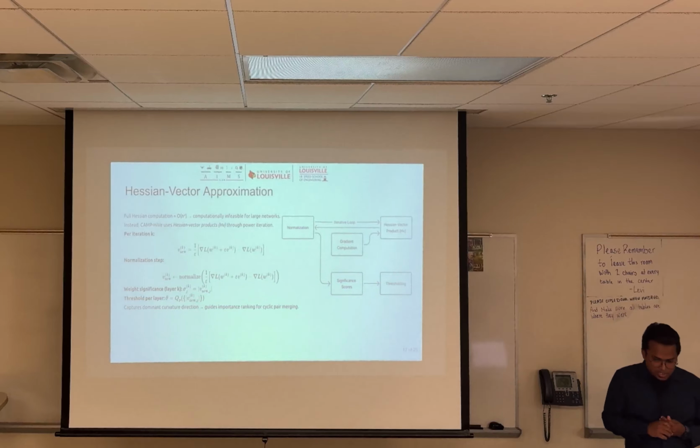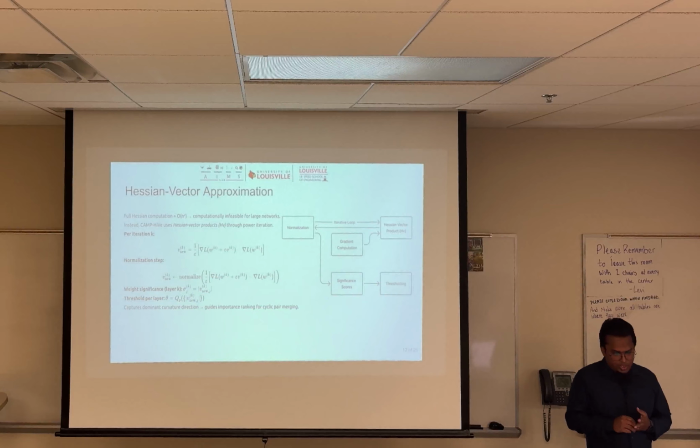In power iteration, if we repeatedly multiply the Hessian by a vector and normalize it, the vector gradually aligns with the dominant curvature directions. That is basically the eigenvector of the largest eigenvalue.